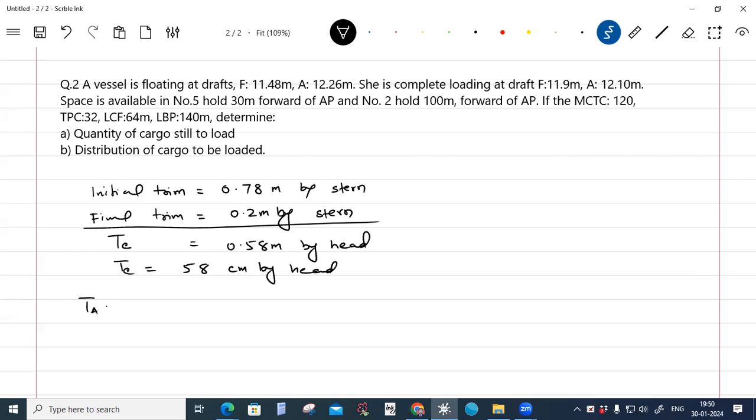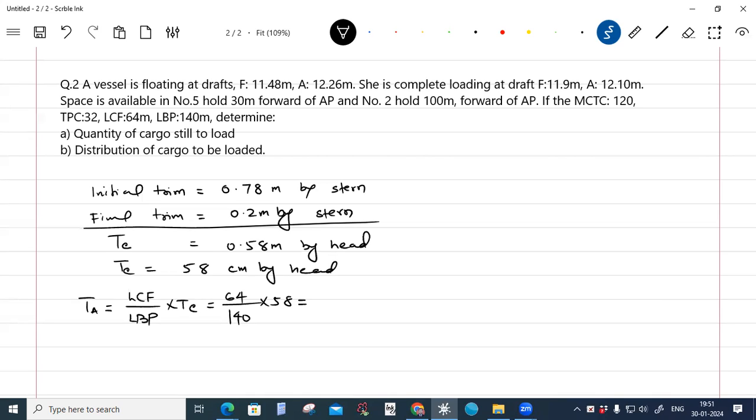TA will be LCF upon LBP into trim cost, right? Yes, sir. LCF is given 64, LBP is also given 140, into 58. How much? 26.51.